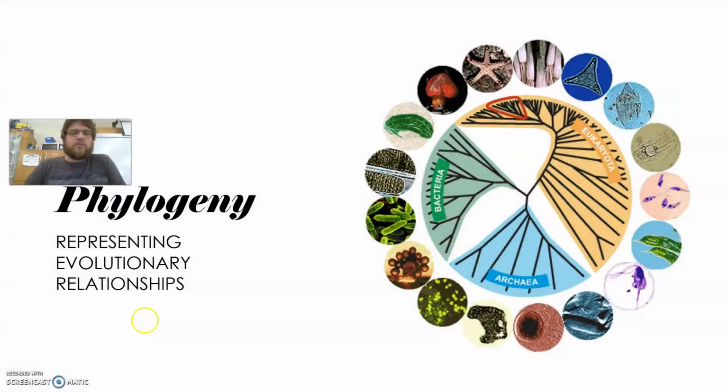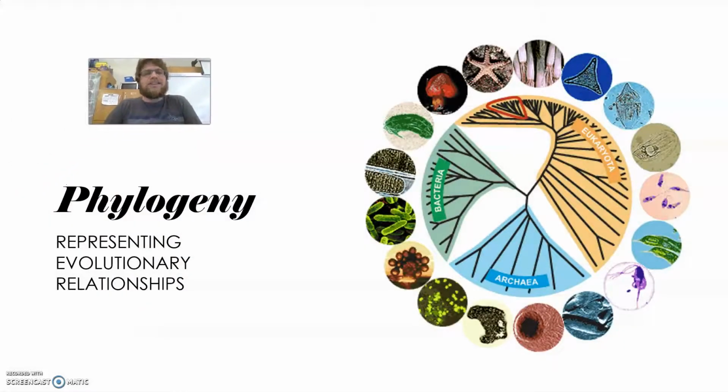It is about evolutionary relationships. And this week, the new idea is phylogeny. How do we represent evolutionary relationships? How do we organize all of life in one giant tree of life? Everything from bacteria, prokaryotes, to eukaryotes like us, plants, fungi, animals, single-celled organisms.